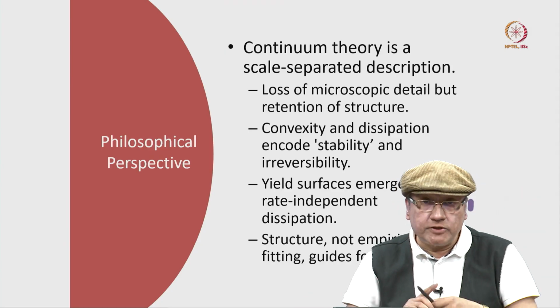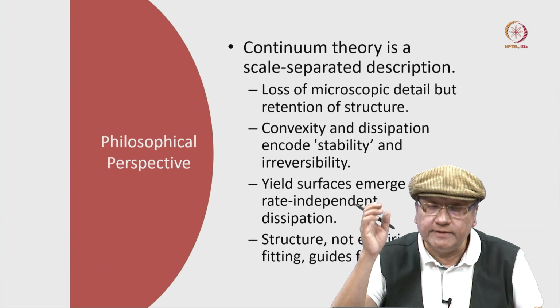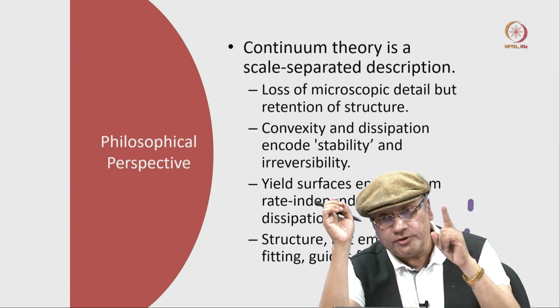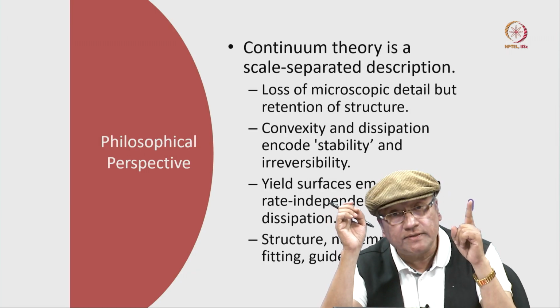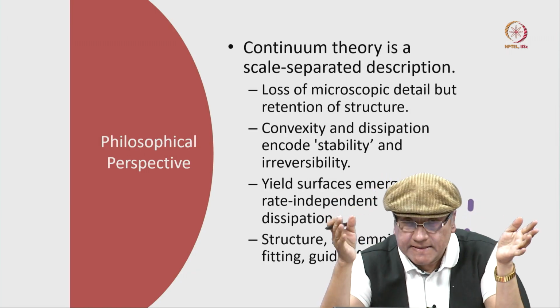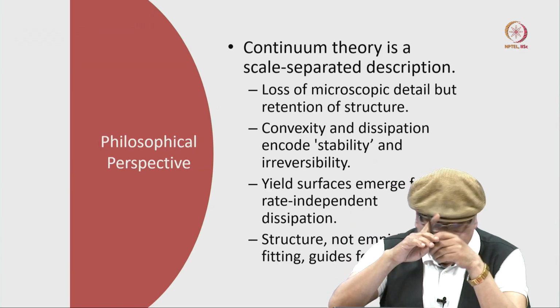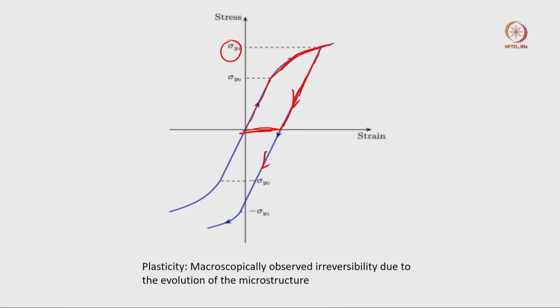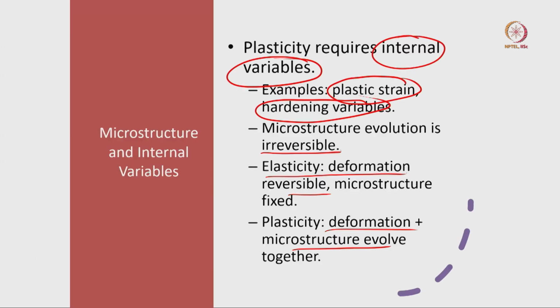So, the philosophical perspective for our whole work is that the continuum theory is a scale separated description, a very seriously scale separated one. In defining these quantities like the internal variables, we do not always follow a proper homogenization of the microstructure to arrive at them. We often just postulate.